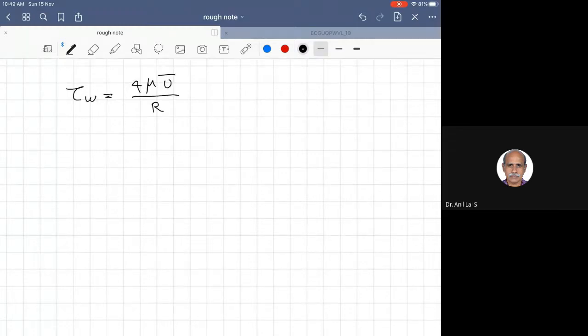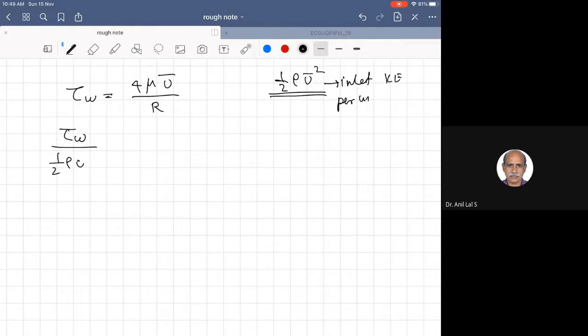And supposing I write tau w by half rho u bar squared. This is a non-dimensionalization of wall shear stress. So we know that half into rho u bar squared is the inlet kinetic energy per unit volume.